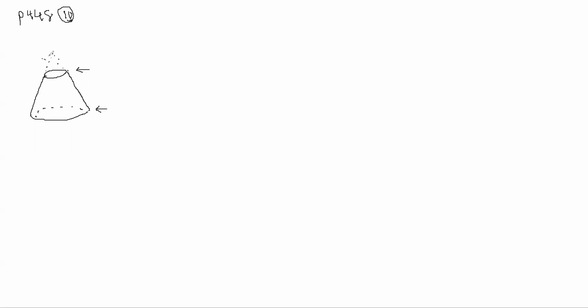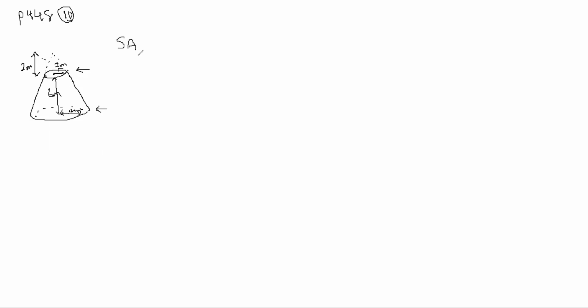A couple of pieces of information that they give you. The height of the chopped off portion of the cone is 2 meters. The radius at the chopped off portion is 1 meter. The remaining height of the cone is 6 meters, and the base of this cone is 4 meters.